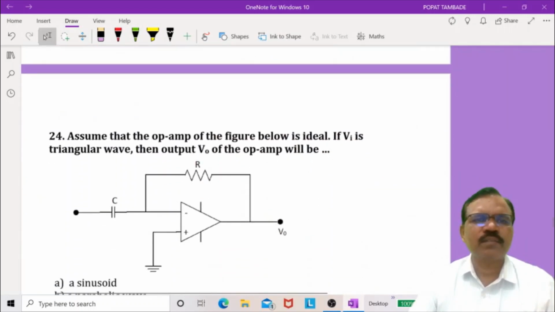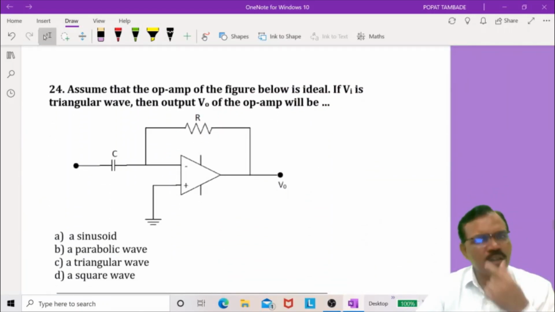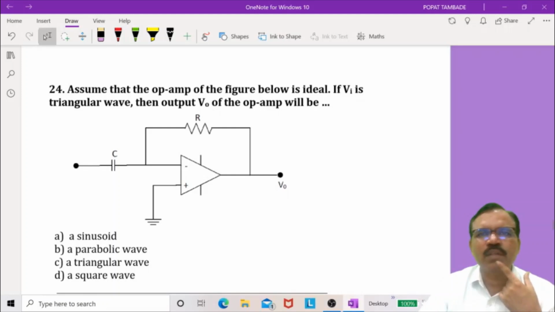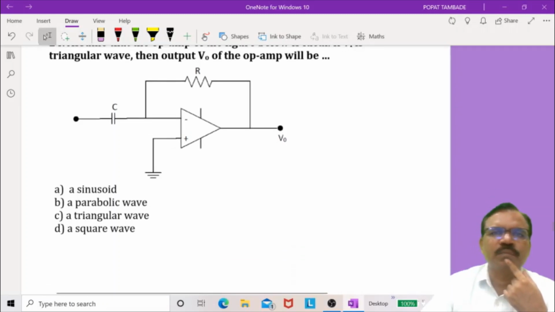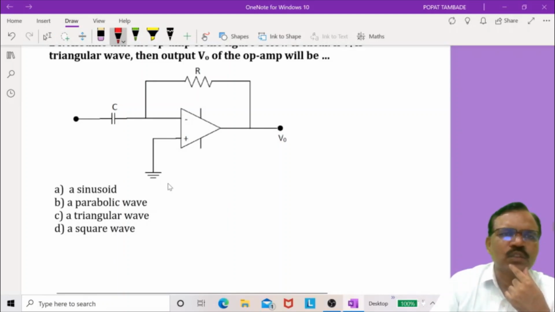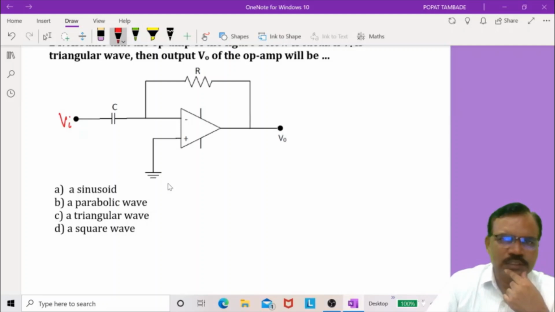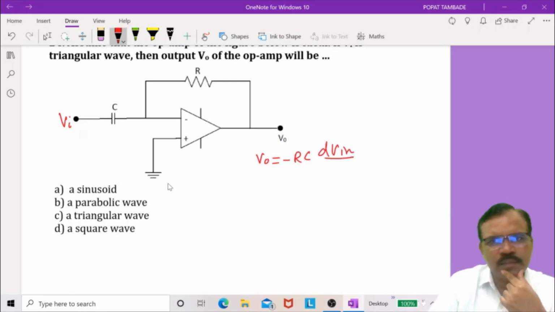Now the next one. Assume that the op-amp of the figure below is ideal. If Vi is a triangular wave, then what is the output V0 of the operational amplifier? So Vi here and V0. Now this is a differentiator circuit. V0 is equal to minus RC dVin by dt.